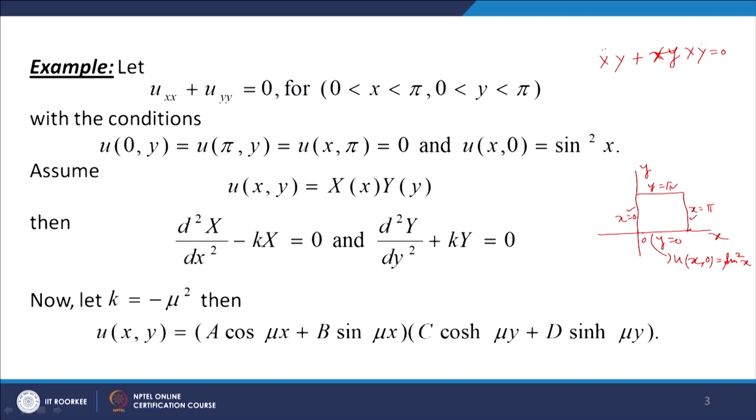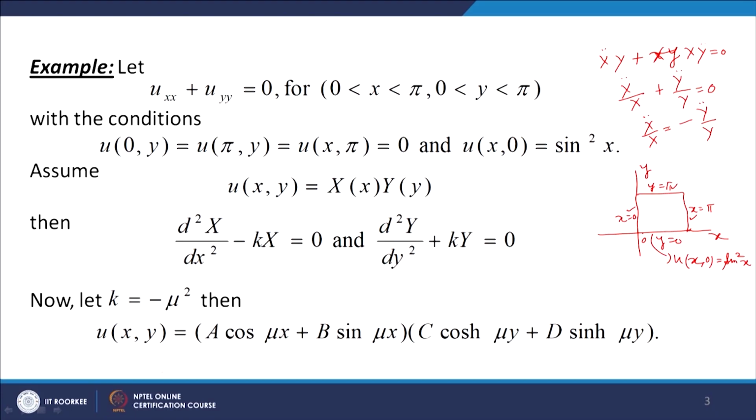So u_xx becomes X double dot Y, u_yy becomes X Y double dot, equal to 0, and when we divide this equation by capital X into capital Y, I get X double dot over X plus Y double dot over Y equal to 0, or I can write it as X double dot over X equal to minus Y double dot over Y.